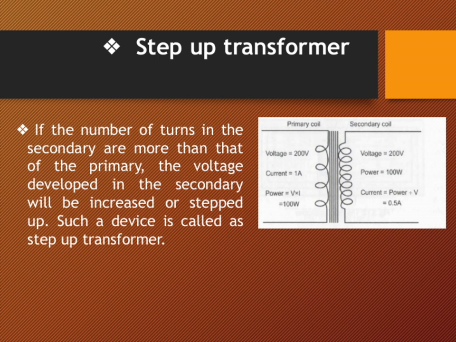This kind of transformer is known as a step-up transformer. It's quite useful in scenarios where we need to elevate voltage levels, such as transmitting electricity over long distances efficiently. So remember, when the secondary has more turns than the primary, the transformer boosts the voltage, making it a step-up transformer, an essential component in power distribution systems.